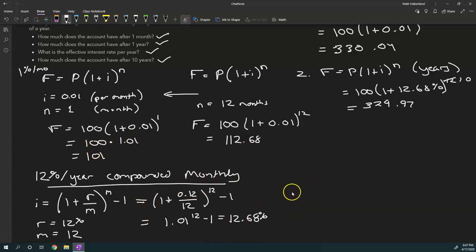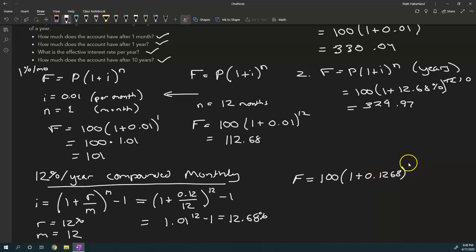Okay, let's continue on with this calculation. Now that we've found the effective interest rate per year, let's figure out how much the account has after 1 month. So we use our same formula as above. It's valid now because we have an effective interest rate per year. We're going to have that initial $100, and it's getting multiplied by 1 plus 0.1268, the effective interest rate per year, to the n.